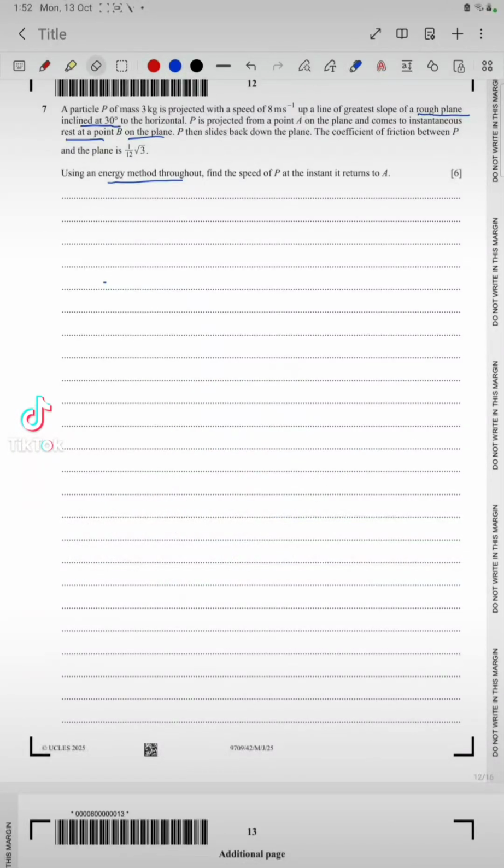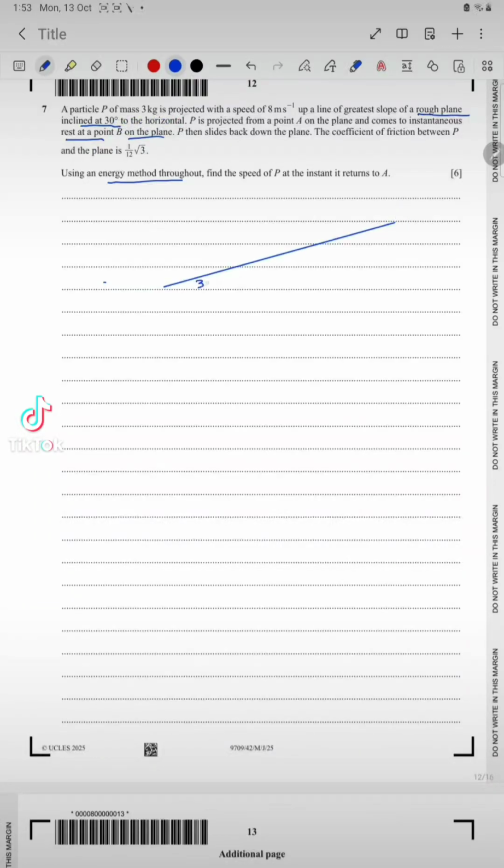The final question of this paper: the particle P of mass 3 kg is projected with a speed of 8 meter per second up a line of greatest slope. Yes, it's a little tricky question, but let's sketch the diagram which will help us. Rough plane inclined at 30 degrees to the horizontal.